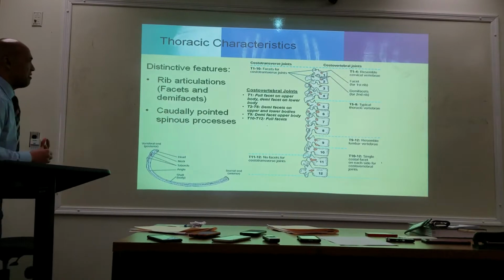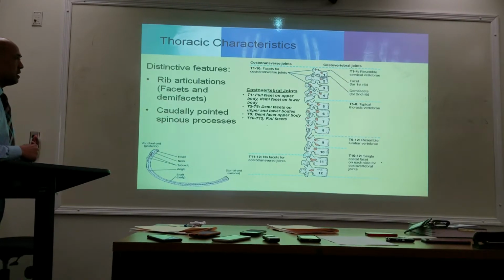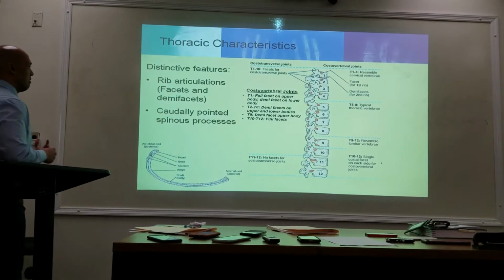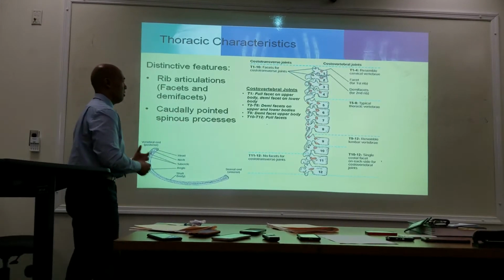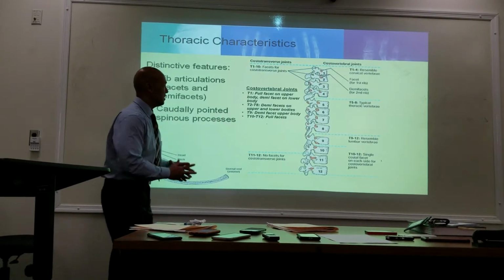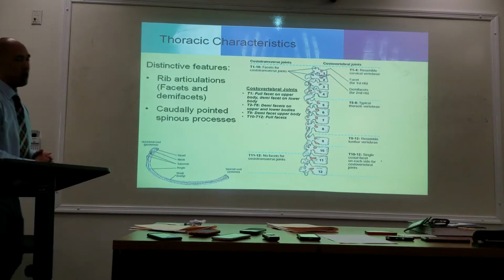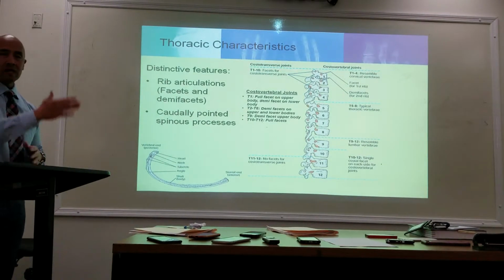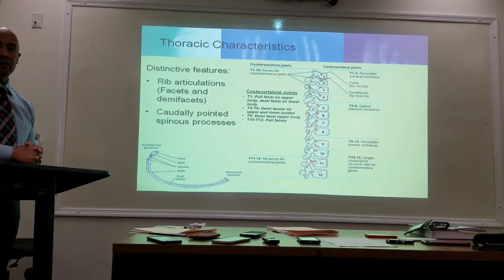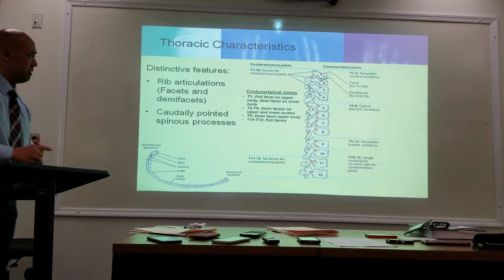you have a full facet on T1. So if you look over here, you have a full facet on T1 on the upper body, and on the bottom body of T1, you have a demifacet.